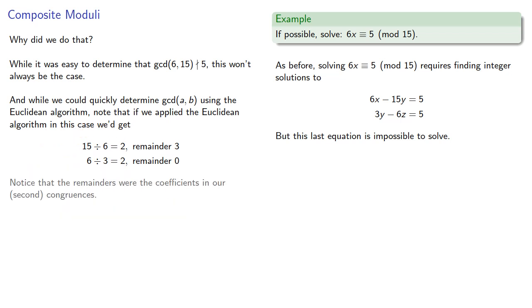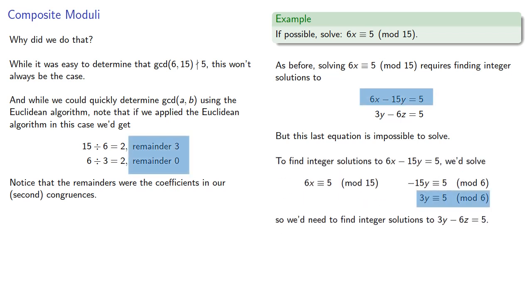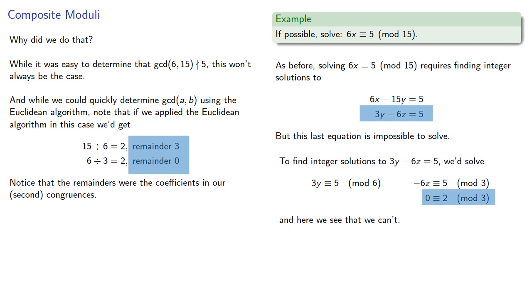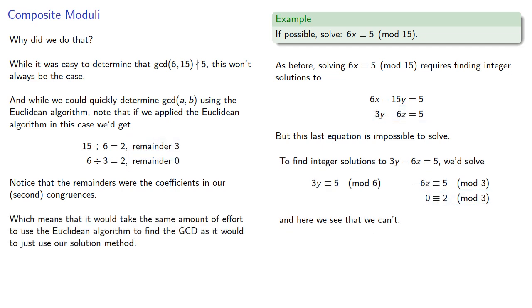And notice that the remainders were the coefficients in our second congruences. Which means that it would take the same amount of effort to use the Euclidean algorithm to find the greatest common divisor, and in this case decide the problem was unsolvable, as it would be to just use our solution method.